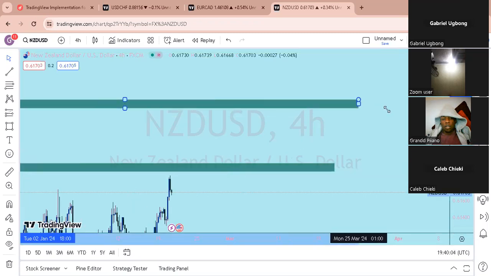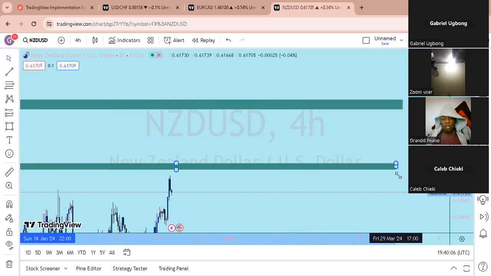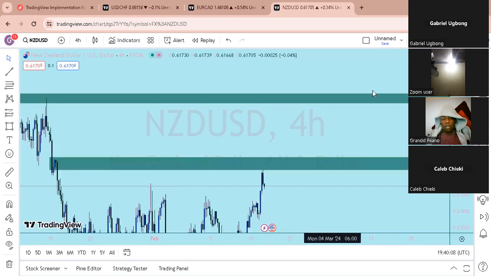Now, we start numbering the resistance because the market is like when you're traveling, if you have 20 checkpoints on the road, you know the different places and locations you are expecting checkpoints. So this is how the market is. The market is on a journey.